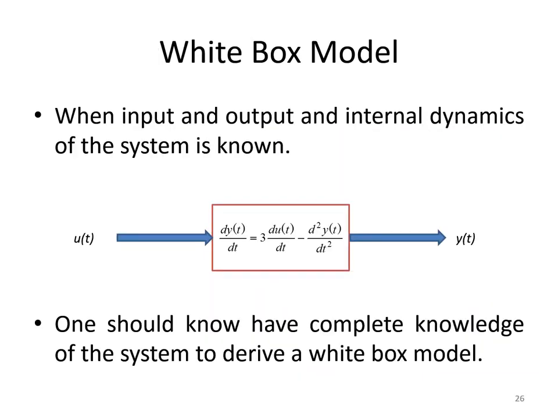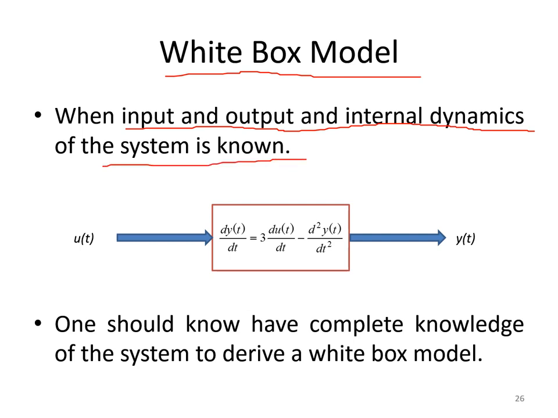And lastly, we have the white box model. Here, the inputs and outputs are known, as well as the details of the internal dynamics of the system. So for example, we know exactly how many energy storing elements are in the system, what is the order of the differential equation. In fact, we know exactly what the differential equation is that relates the output with the input.